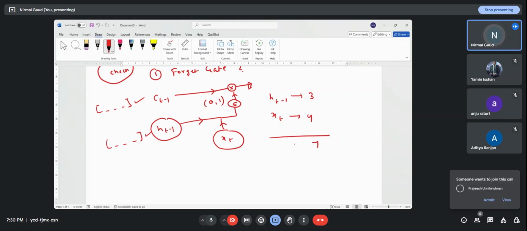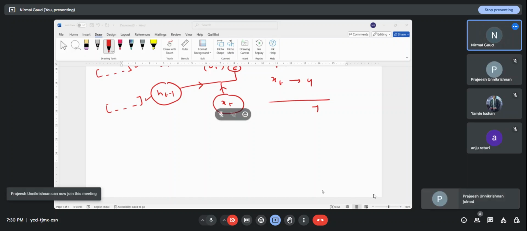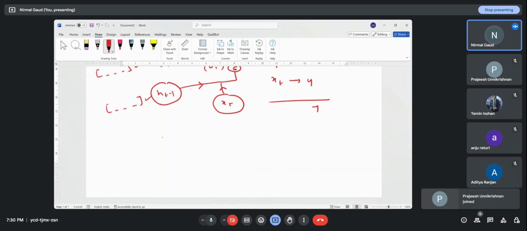I hope you remember the equation which I wrote in the previous class. What equation did I write? I mentioned W, the weight matrix of the forget gate, and ht minus 1 comma xt.